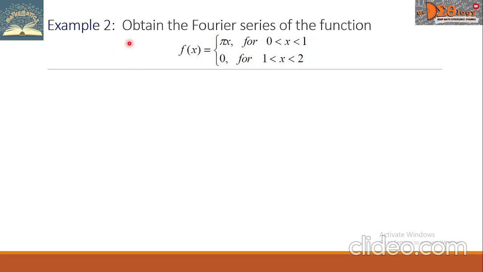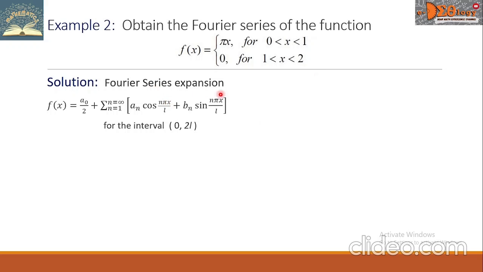Example 2. Obtain the Fourier series of the function f of x equals pi x for x is between 0 and 1, f of x equals 0 for x is between 1 and 2. Let us write the Fourier series expansion formula. This is the formula for the interval from 0 up to 2L.